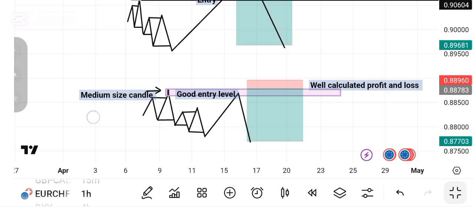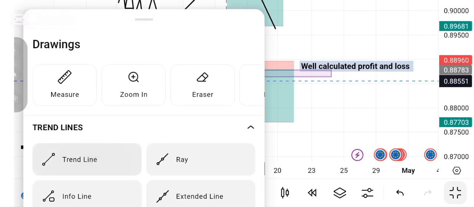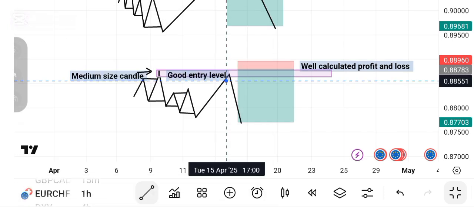Okay, so now how do you know a good POI and how to not be in a big drawdown when trading a good POI?